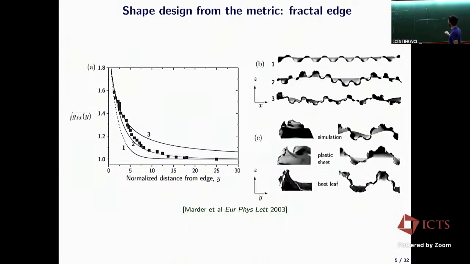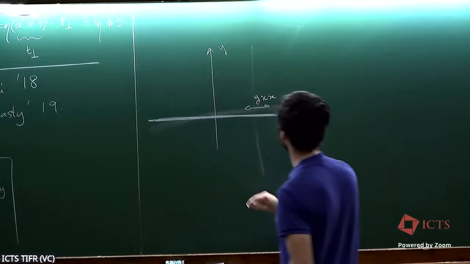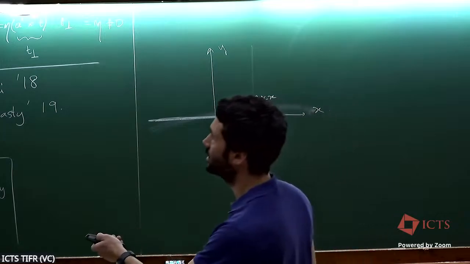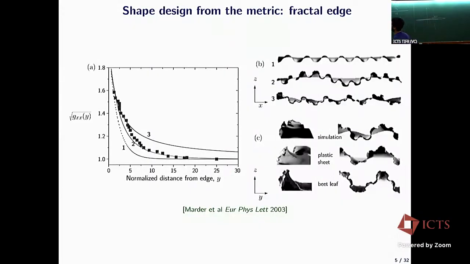In the tearing process, the sheet expands here, and you get G_XX, which is larger than 1, and also a function of Y. It's a decreasing function of Y. So the sheet far from the tearing zone is unaffected, but close to the tearing zone, it inflates in this direction with a factor that decreases with Y.